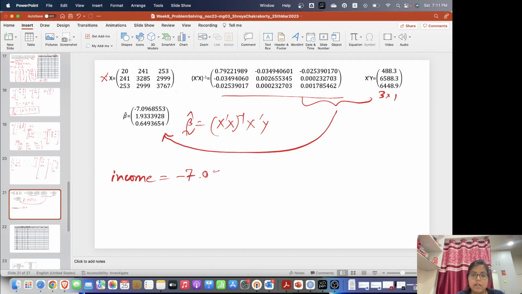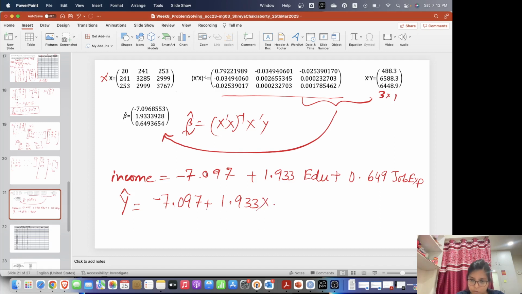So this one is minus 7.097 plus 1.933 into x1, x1 was my education, plus 0.649 into job experience, or we will write y hat equal to minus 7.097 plus 1.933 x1 plus 0.649 x2. So now we have our step 1 complete.